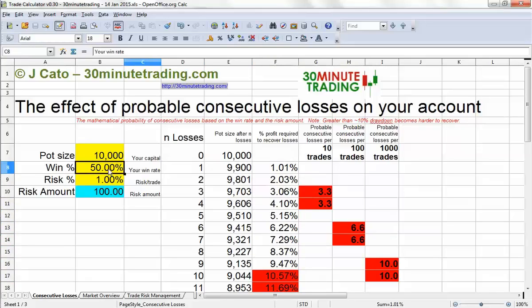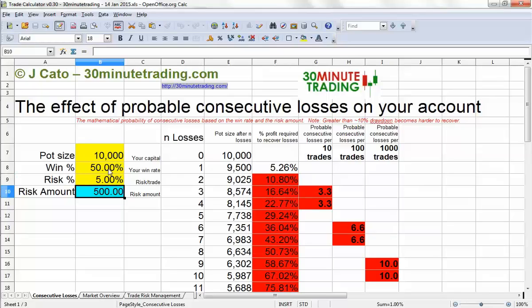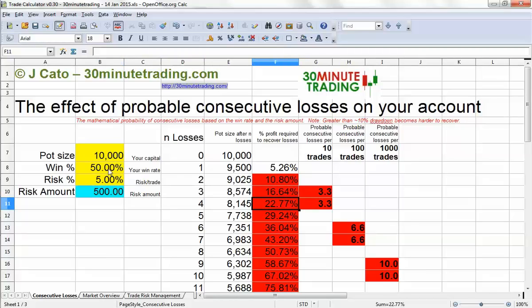So let's say you do what they tell you on some of these trading courses, where some people will risk 5% of their pot on a given trade. If you do that, these are the figures you need to get back. After 4 trades failed in a row, you've got to get 22.77% back to get back to break even.